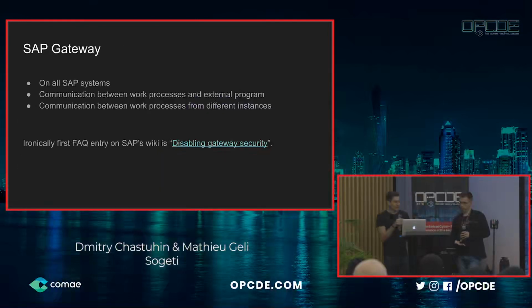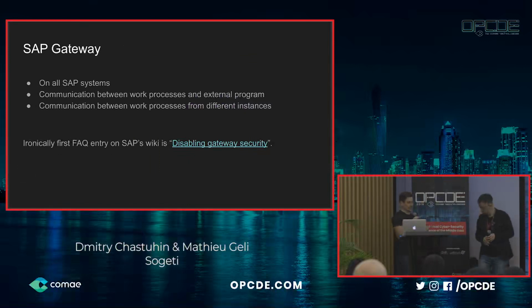That's why for our target for today, we chose SAP Gateway, because SAP Gateway exists on every SAP installation, in every environment, because we need SAP Gateway for communication between internal processes of SAP, if we want to communicate with SAP with a third-party application, and also Gateway is needed for communication between 2 different SAP systems. So it's one important core component. That's why we chose it.